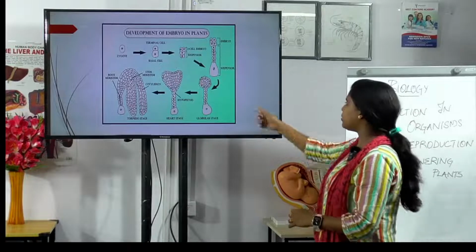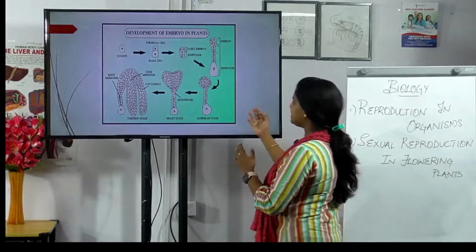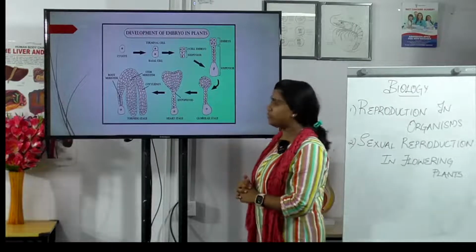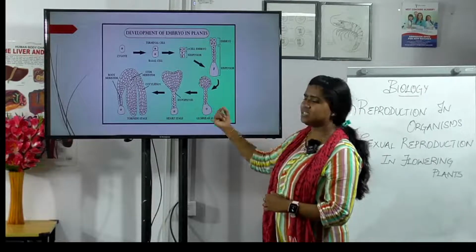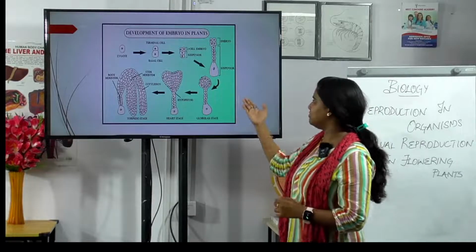Because in the heart stage the embryo has a heart shape, and this is called the hypophysis. The last stage is called the torpedo stage, where they have a root meristem and cotyledons.